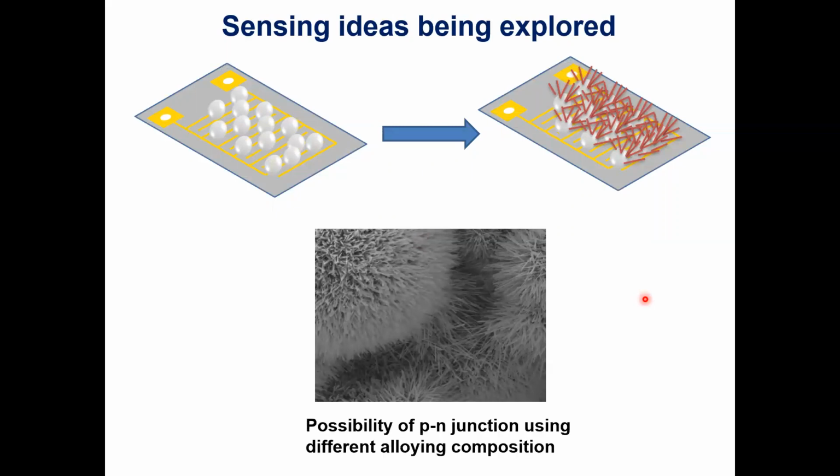This gives an idea of creating an interesting p-n junction. So, for example, you can take titanium particles with a p-type dopant like aluminum, or an n-type dopant like tin or some other n-type dopant.